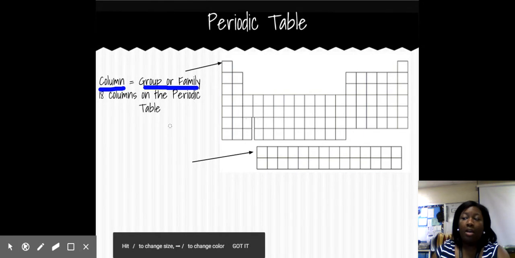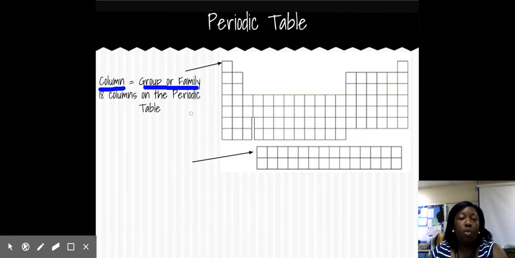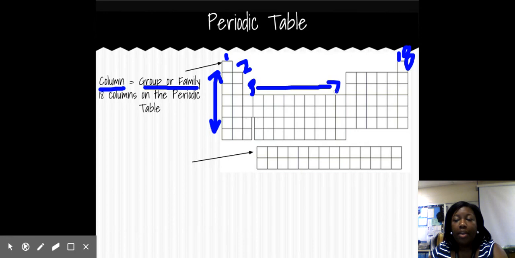So a group or a family, that's basically going up or down. All right, there are 18 columns. Here's 18. And 2. Then this is 3 going down. Okay, and you can count them on your own.